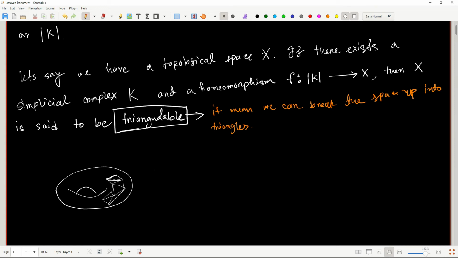However, this is in practice a bit difficult, but this example is sufficient enough to get an intuitive understanding of what triangulation actually means. So you are breaking the space up into different triangles. Okay, so this is what we mean by triangulable, and the formal definition of a triangulation is something like this.